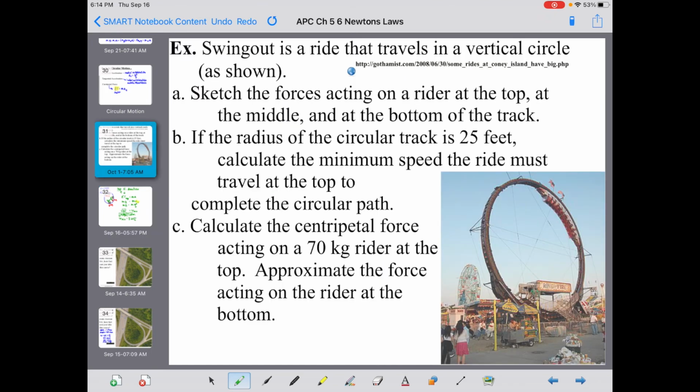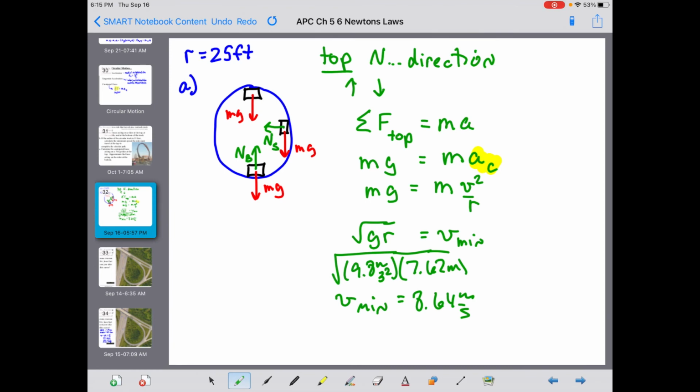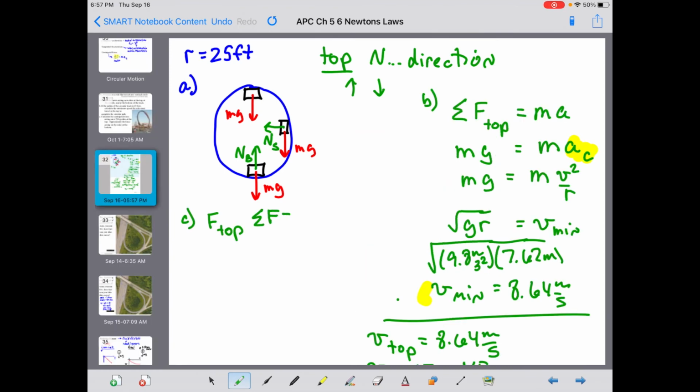Part C. Calculate the centripetal force acting on a 70 kilogram rider at the top and approximate the force acting at the bottom. If we want the net force acting on the rider at the top, it's going to be m times a. The only force acting on the rider at the top is mg, and that's equal to m a sub c.